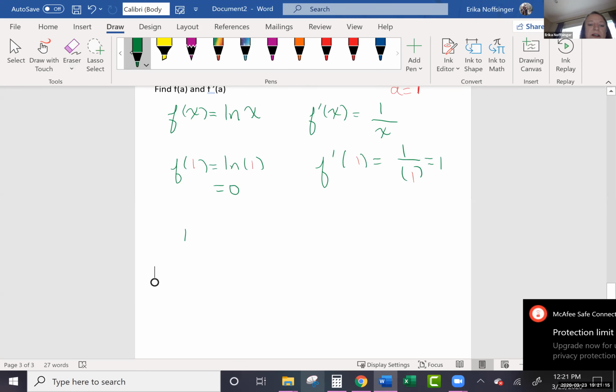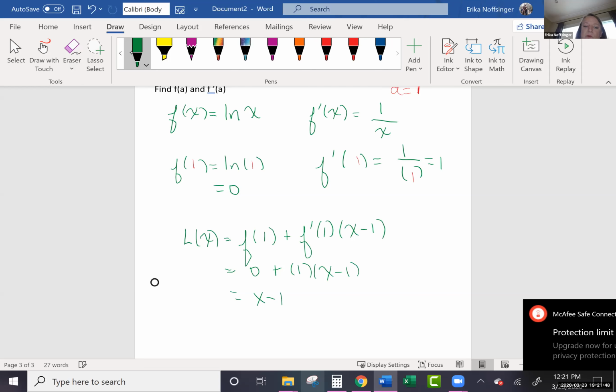So the linearization of our number is equal to f of a, so in our case, f of 1 plus f prime of 1, our slope at that value, all times x minus a, which is 1. So f of 1 was 0 plus 1 times x minus 1. So x minus 1 is the equation we're going to use for our linearization.